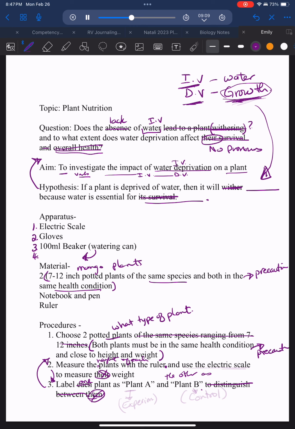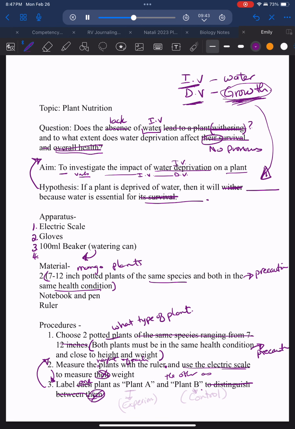Then, and why exactly are you measuring the mass with the electric scale? I could see why you would measure the height with a ruler, because you're going to be measuring growth. But why would you measure an electric scale? I mean, it's not wrong, but you're going to just complicate yourself, and you want to keep it simple at this stage, right? So if you ask me, I would prefer if you remove the electric scale.